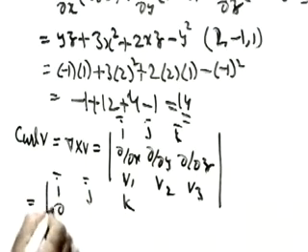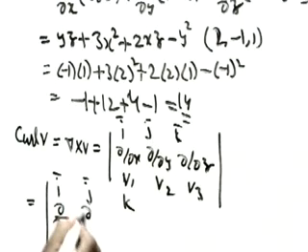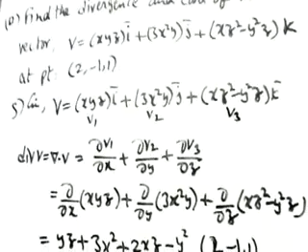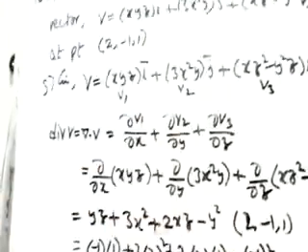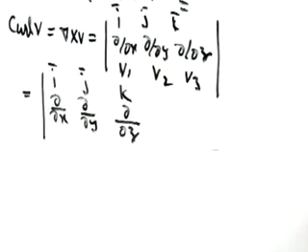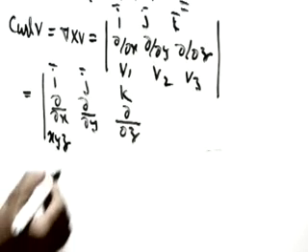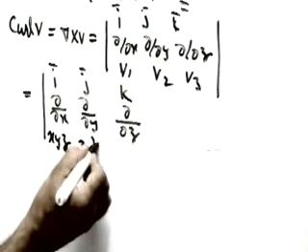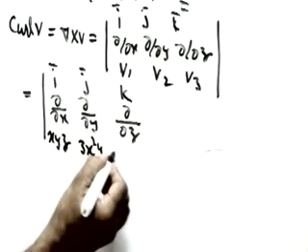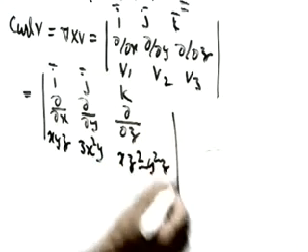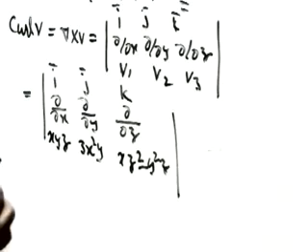Here let me write i, j, k, ∂/∂x, ∂/∂y, ∂/∂z. Then here we have xyz. You see here, this is v1, this is v2, this is v3. Let me substitute these values. So v1 is xyz, v2 is 3x square y, and v3 is xz square minus y square z.